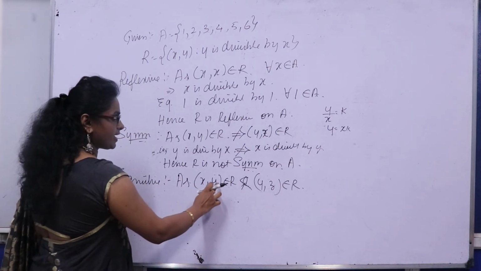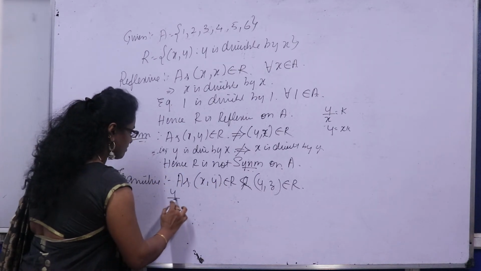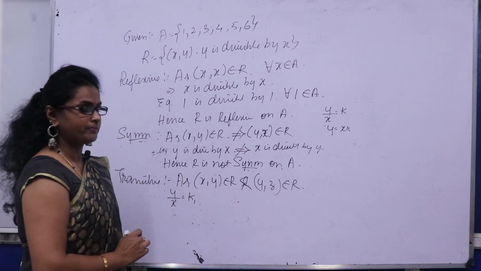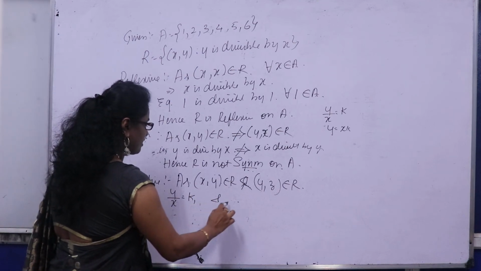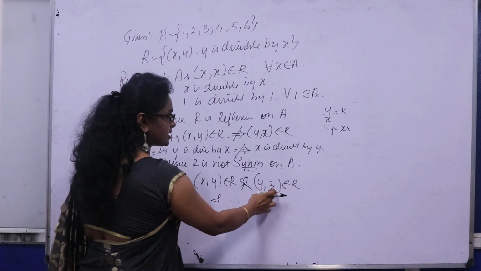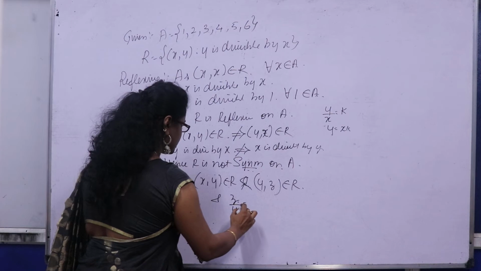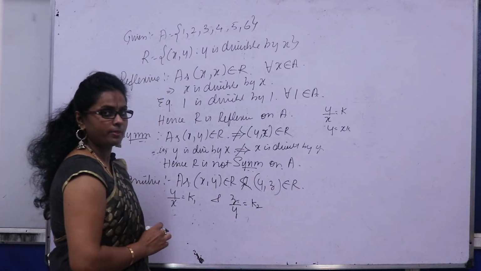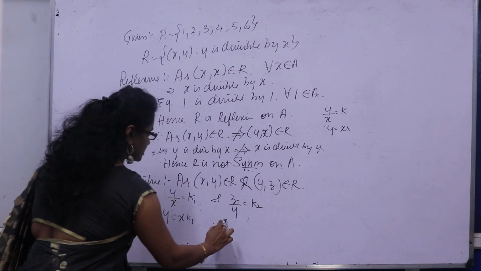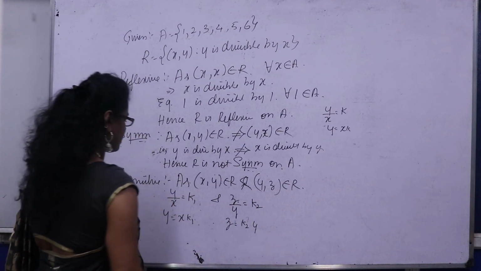Now x comma y, what does this say? Y is divisible by x, that is y by x is equal to, I'll just go with k1. And what do you have here? You have y comma z, that is z is divisible by y. Z by y is equal to k2. Now y is equal to x k1, z is equal to k2y.